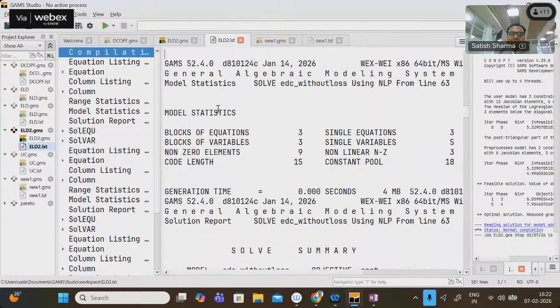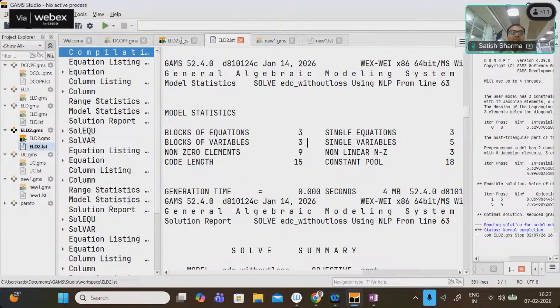Then some model information, like how the three blocks of equations were there. Single equations were 3, single variables were 5, block of variables was only 3. So the block of variables was 3, but actual variables were 5.